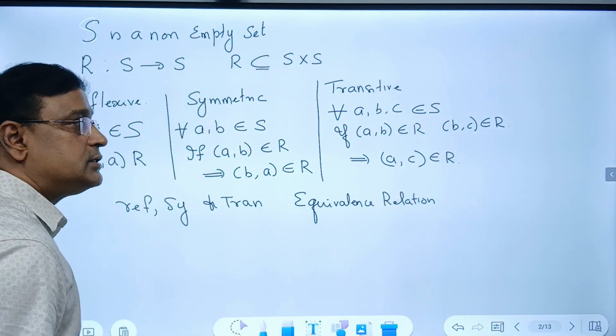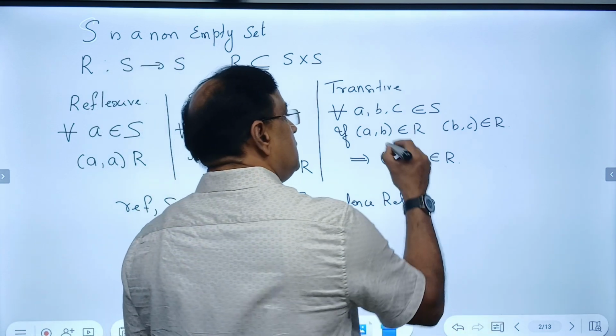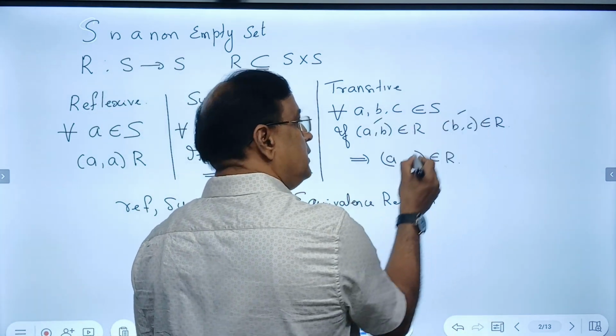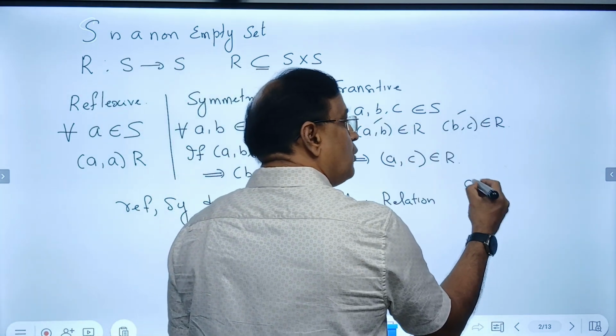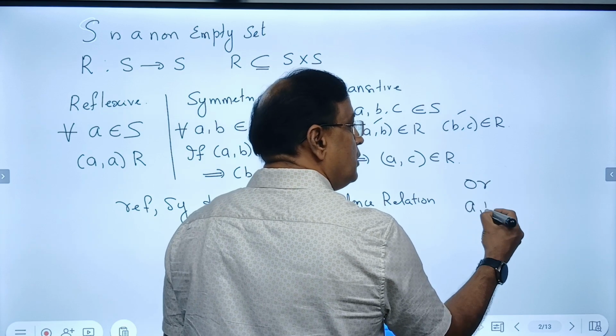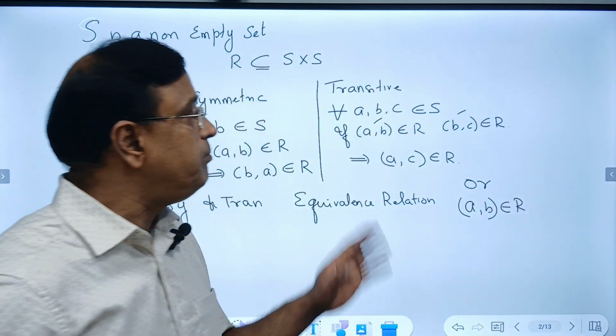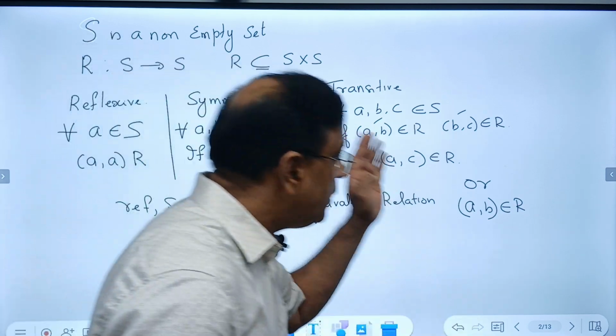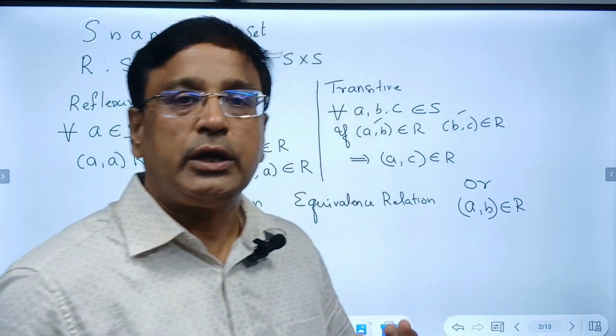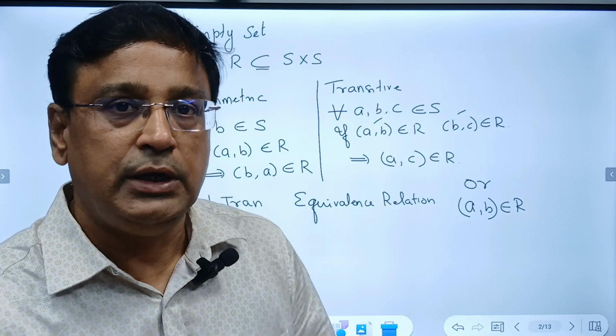In transitive, I also made it clear that if these two are true, then this must be true. You can also have a situation where you have only A is related to B, and you may not have B is related to C. If you have only A is related to B, then also you can conclude that it's a transitive relation.